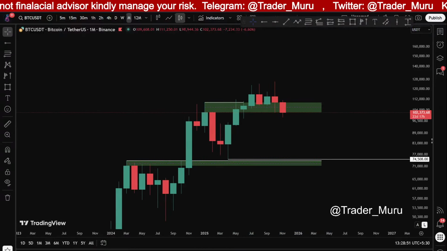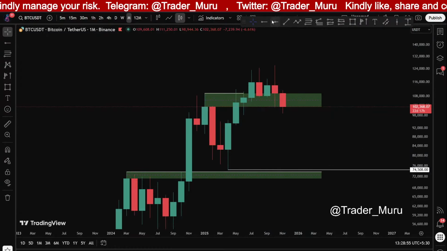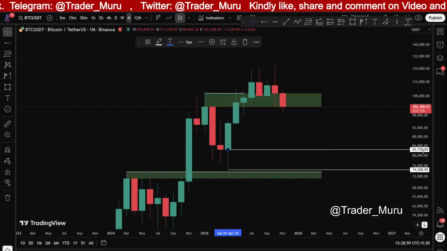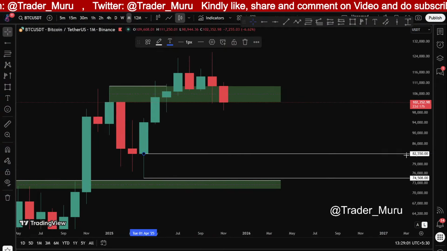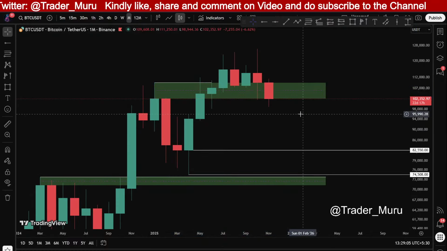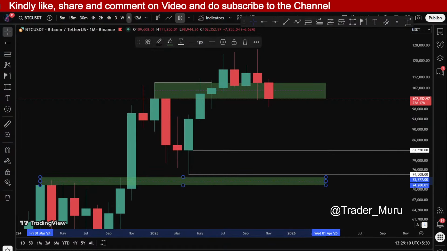Price is trying to hold this area. If this breaks, the first target will be this low at 82,000 and 82,550. Then this at 73.